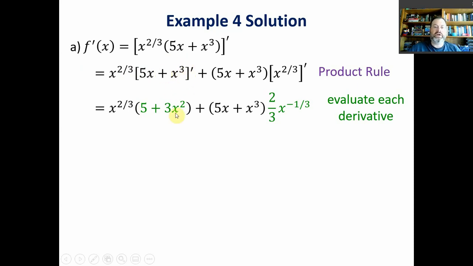Well, bring the power to the front. 3 minus 1 is 2. And same thing here, this is just the power rule. Bring the 2/3 to the front. 2/3 minus 1 is negative 1/3. So the quicker you can get to not needing to show the sum, difference, and constant multiple rules, the happier you're going to be.